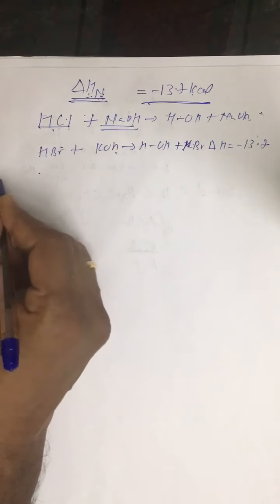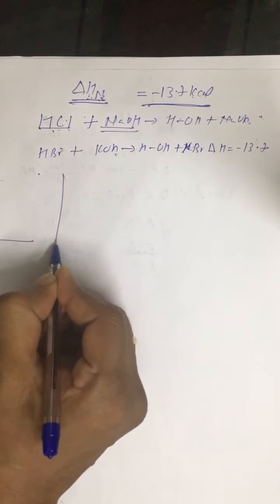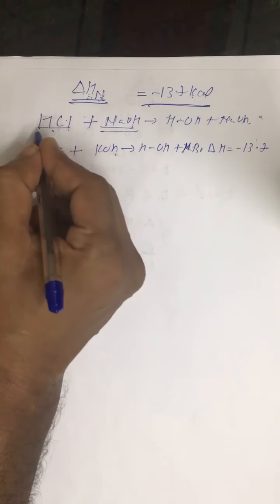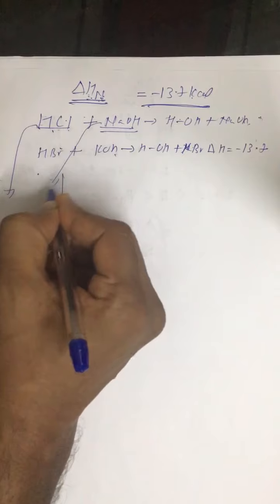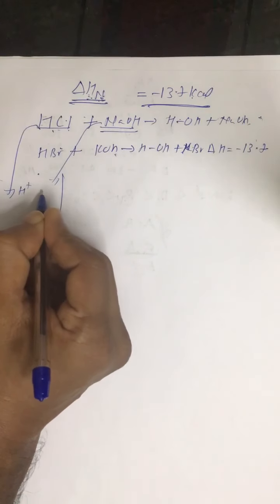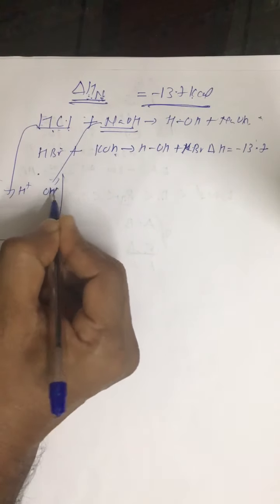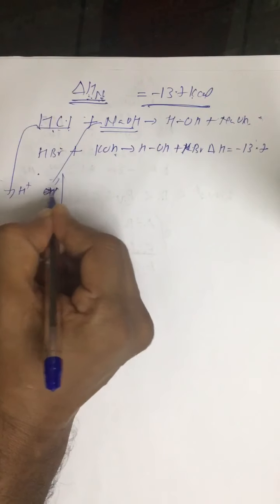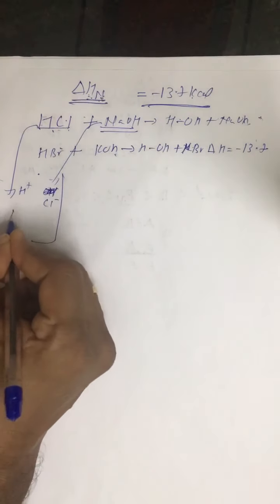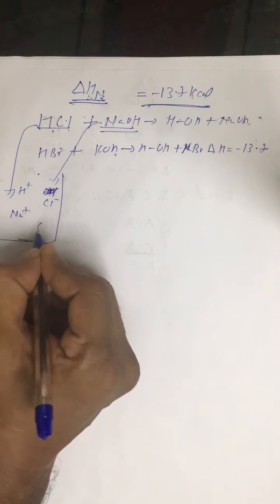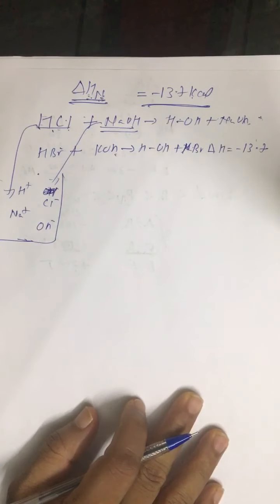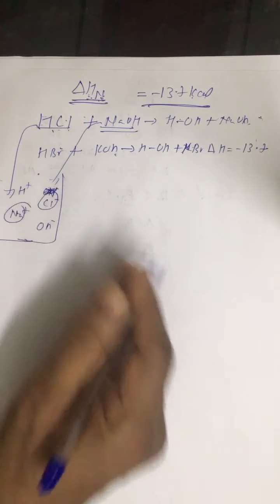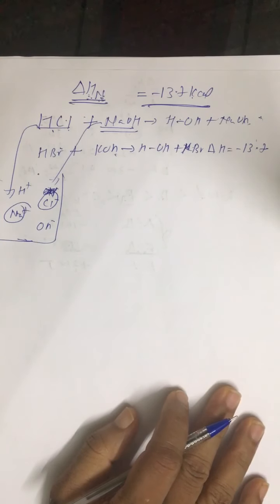If you take a large beaker and put in HCl and NaOH, these are fully ionized because they are strong acids and strong bases. So exactly what happens, Na positive and Cl negative remain there in the solution.